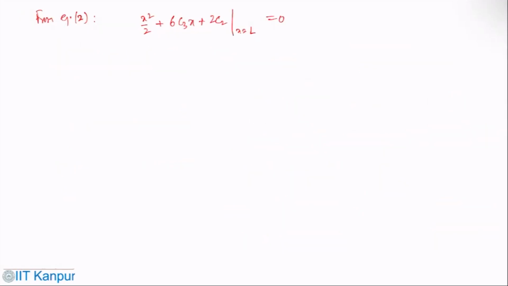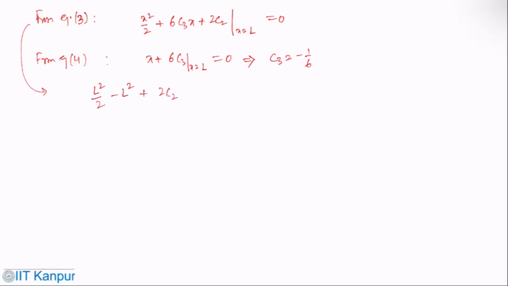From equation 4, we get c3 equals minus 1 by 6, and then L square by 2 minus L square, we get c2 equal to 1 by 4 L square.